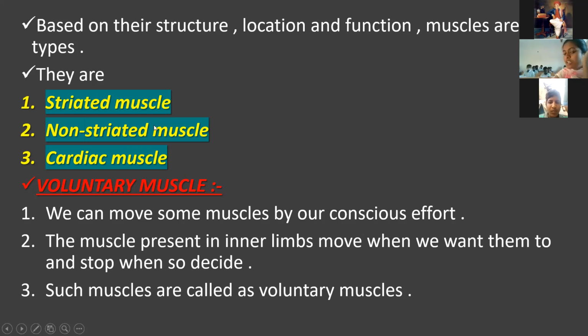First one is the voluntary muscle. What is voluntary muscle? We can move some muscles by our conscious effort. That means it is controlled by our brain. The muscles present in the limbs move when we want them to and stop when we want them to.